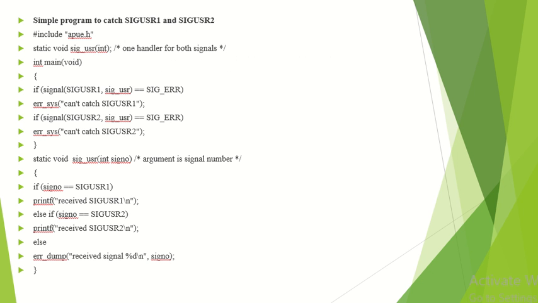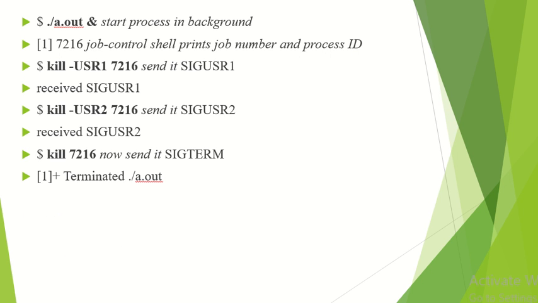To see whether the signal is received or not, we use the kill function, which the system uses for one process sending a signal to another process.